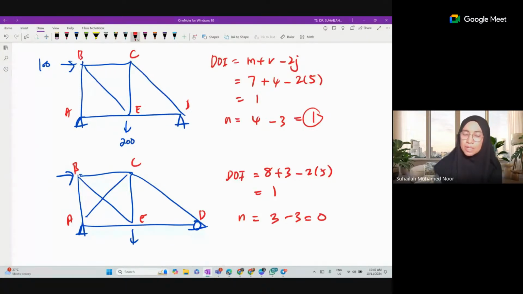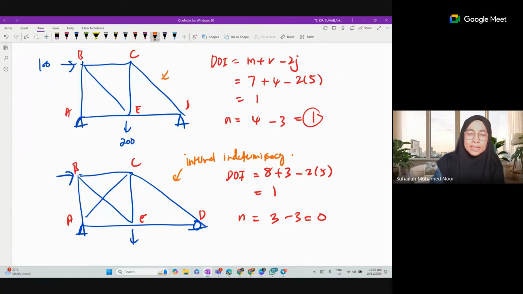So in this case, we cannot remove one from the reactions. The one that we should remove is the member force. So this is internal indeterminacy.